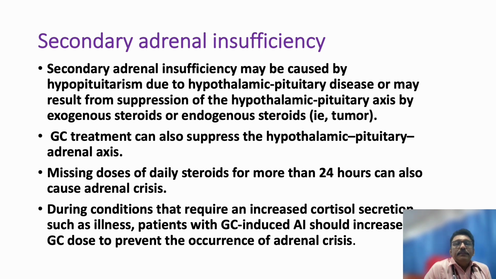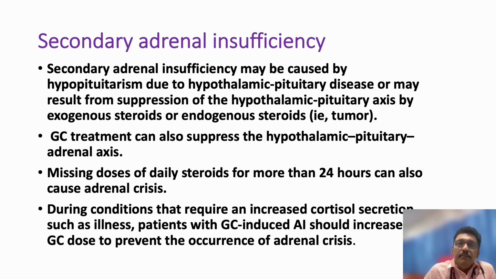Secondary adrenal insufficiency may be caused by hypopituitarism due to hypothalamic-pituitary disease, or may result from suppression of the hypothalamic-pituitary axis by exogenous or endogenous steroids. Glucocorticoid treatment can also suppress the hypothalamic-pituitary-adrenal axis. That's why we say, if you are giving glucocorticoids at inflammatory doses, like in asthma, give them only one time in the morning.